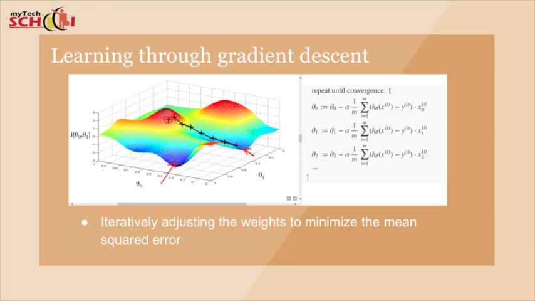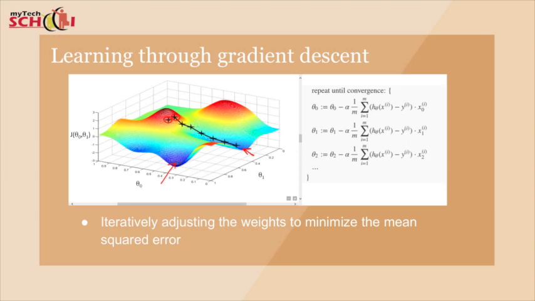So the y-axis is representing the cost, and this is like a contour, right? So you randomly initialize the set of thetas from somewhere, and then based on the cost function you try to iterate and move around the theta values until you find the optimal solution.